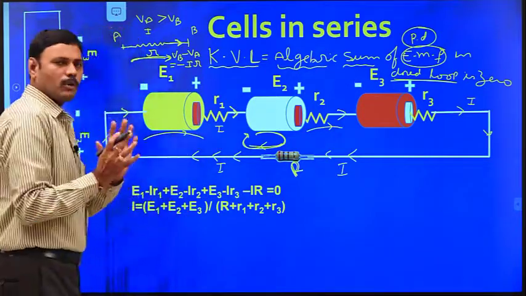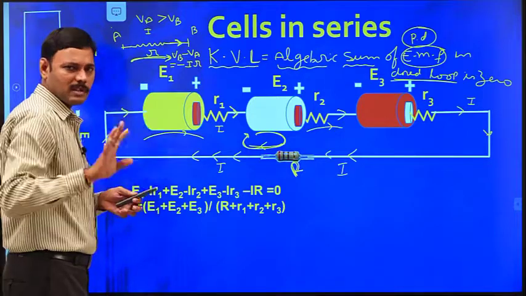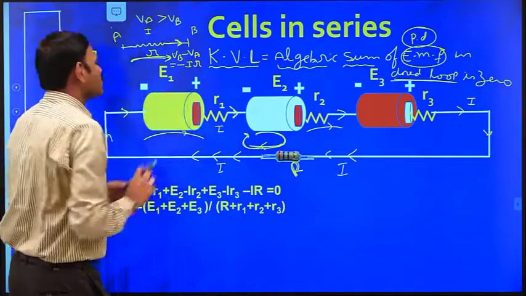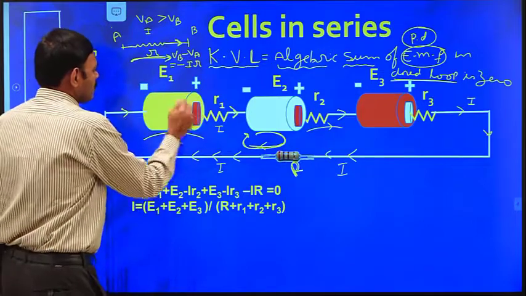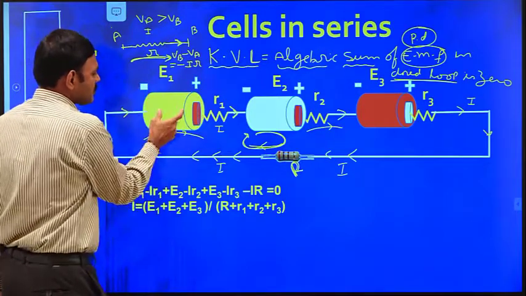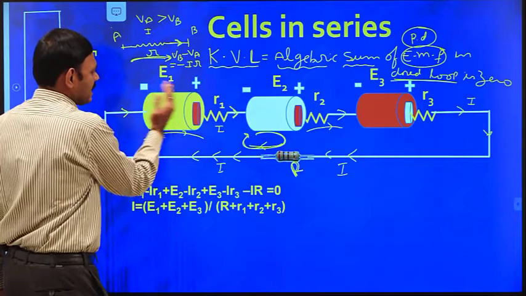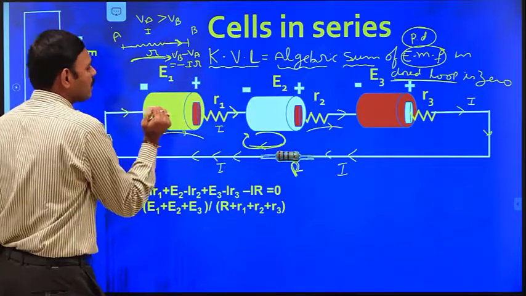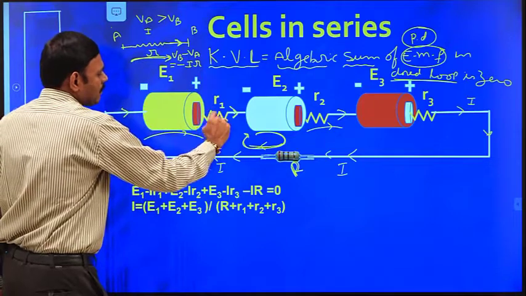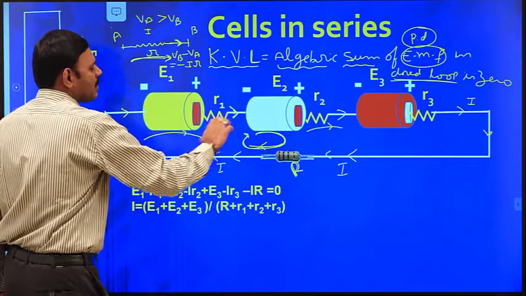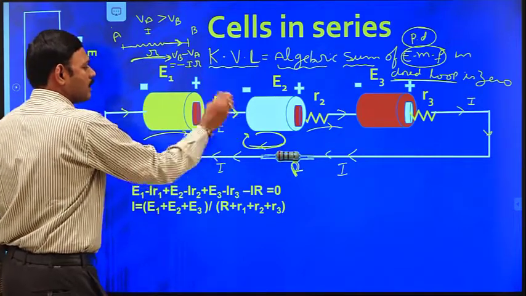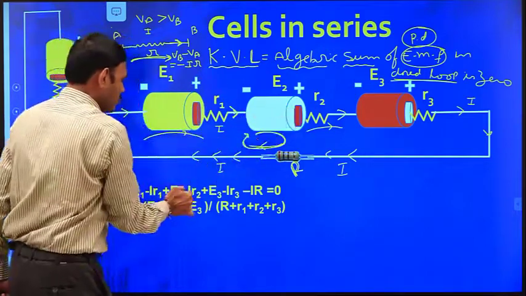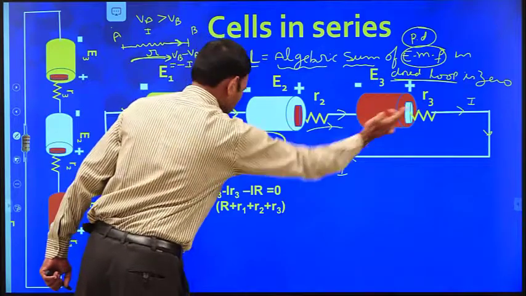Students, I hope you understood this explanation of Kirchhoff's law. For the first cell, the change in potential difference from second end to first end is positive, so E1. When current is traveling in a resistor and we apply Kirchhoff's law in the same direction, the potential difference is minus IR1, plus E2 minus IR2, plus E3 minus IR3.